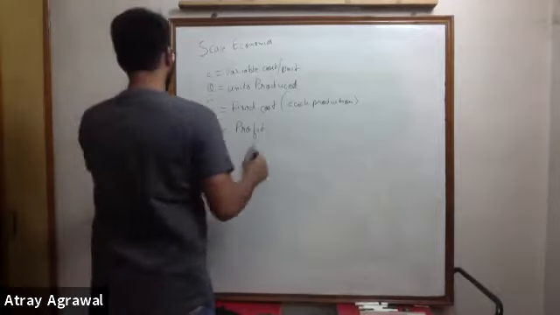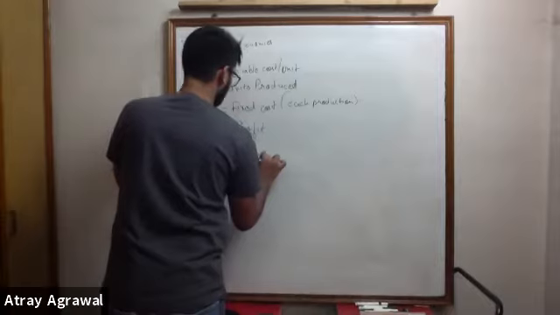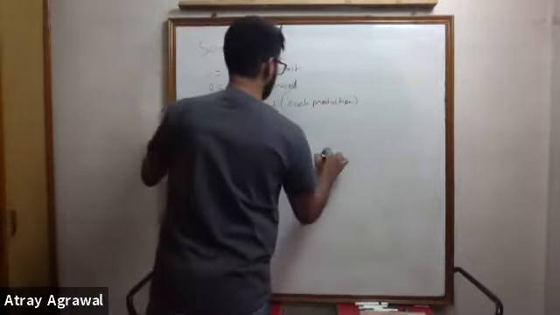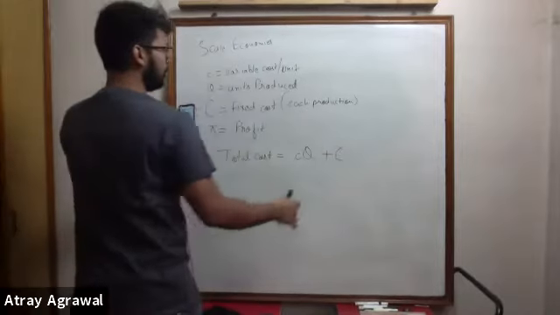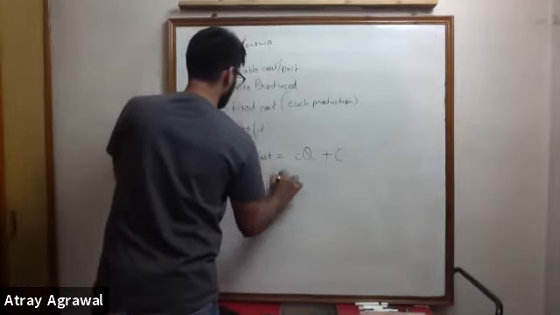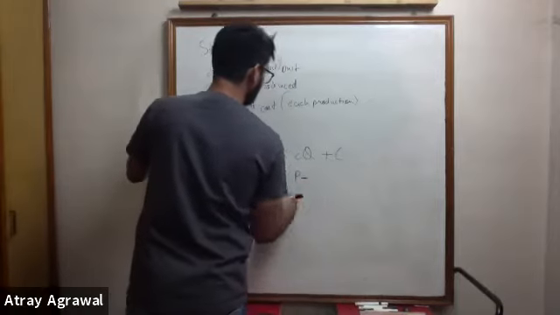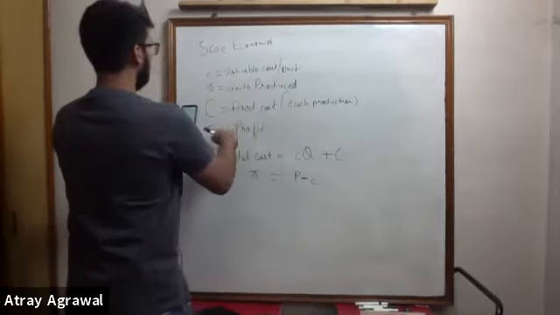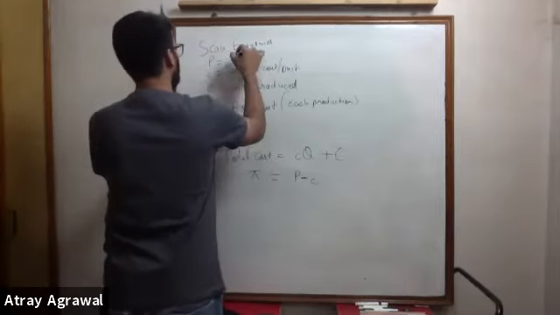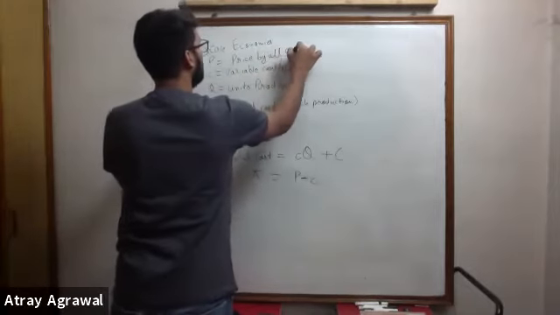So the first is total cost, which comes out as C into Q plus the capital cost of each production, right? So this is the total cost that we need, and the profit is equal to P minus C, into Q, minus capital C. P here is the price by all sellers.